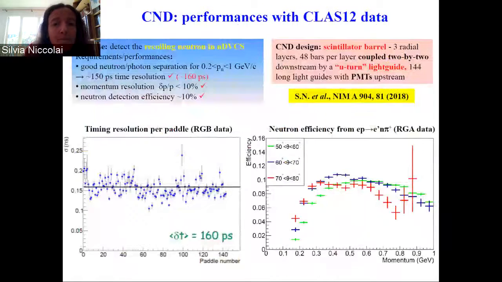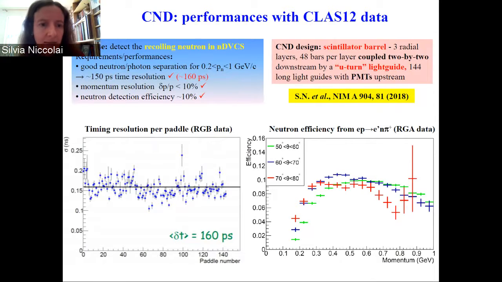So the central neutron detector is the component that is necessary for the NDVCS measurement and was built for that. So I will spend a few minutes talking about it. The point of this detector was to detect the recoiling neutron of NDVCS, and we expect these recoiling neutrons to have angles in the backward region of class 12 and momenta around 500 MeV.